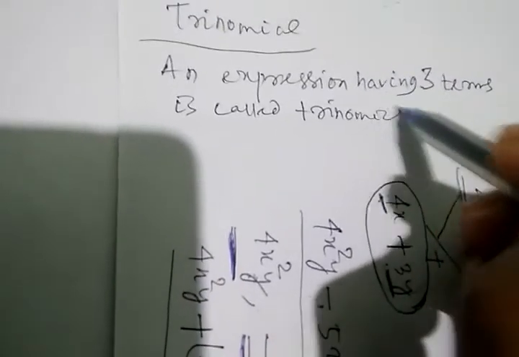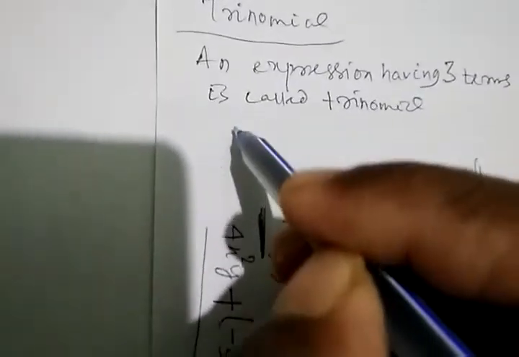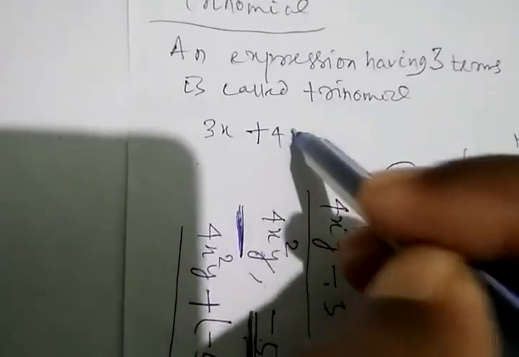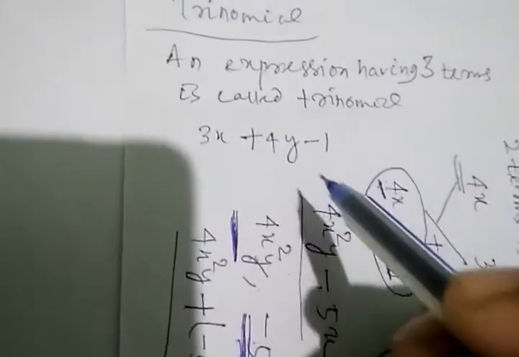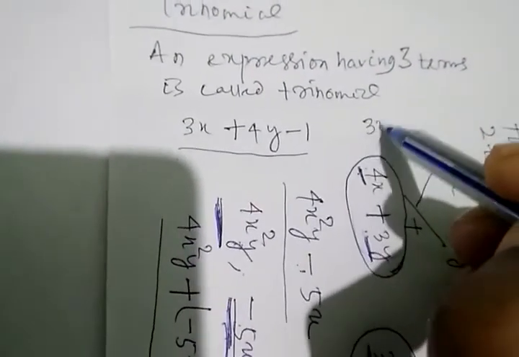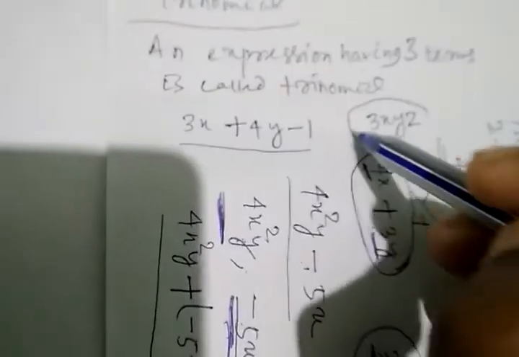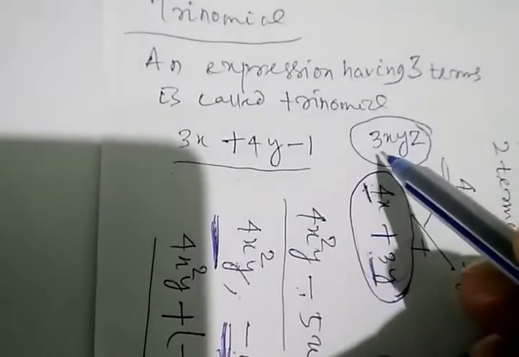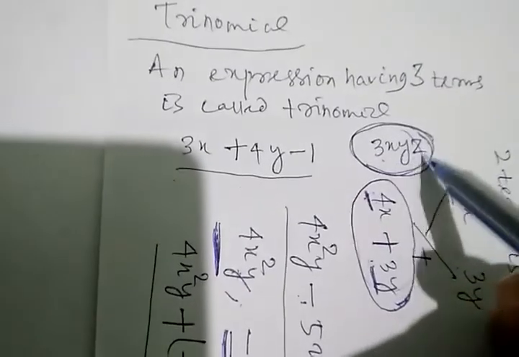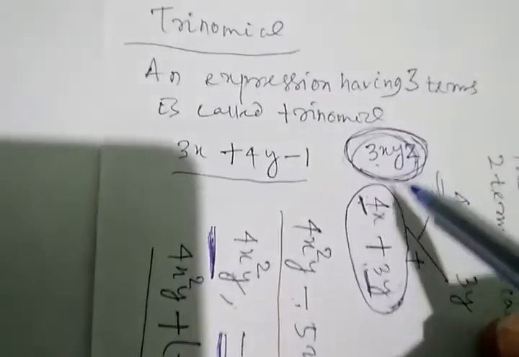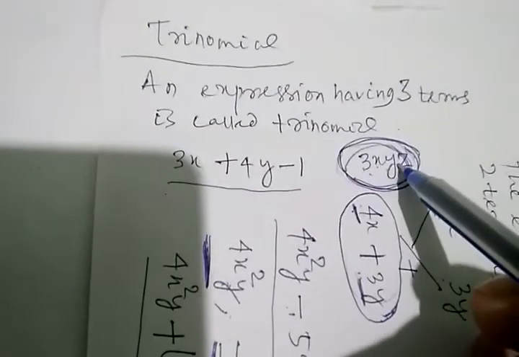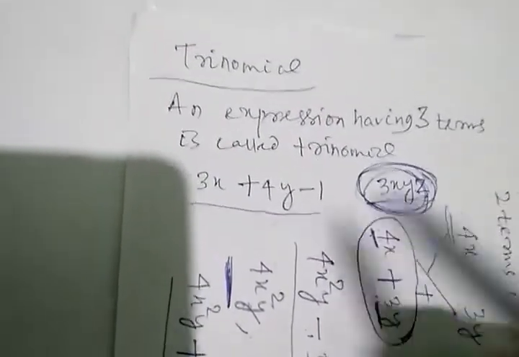Please remember that. It is a combination of three terms. You take one term 3x, the second term you add with 4y, and one constant, you take minus 1. This is a trinomial. You see 3xyz, you cannot take this as a trinomial, because it is a single term. All are multiplied to get only one term. These 3x, y and z are multiplied with each other to get one term. You cannot take this one.